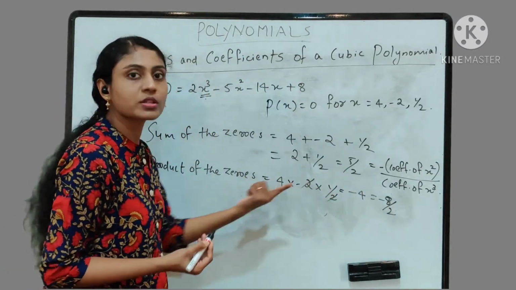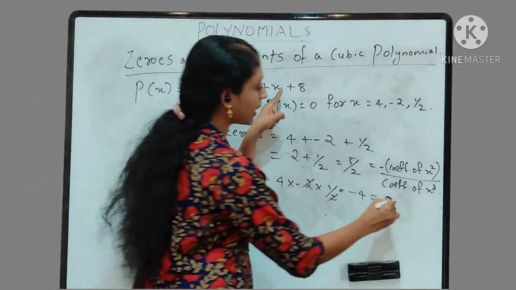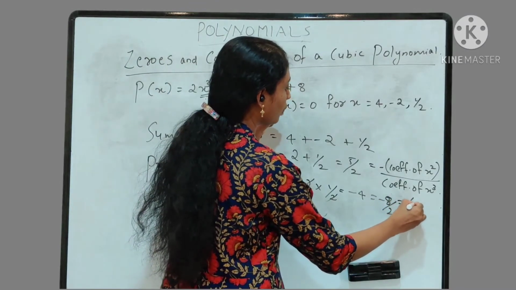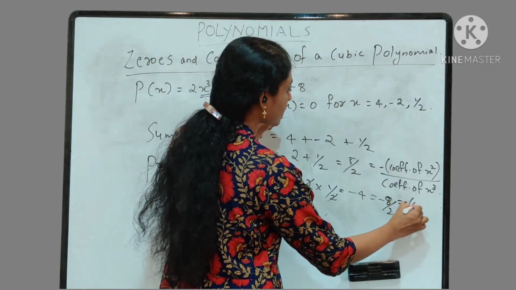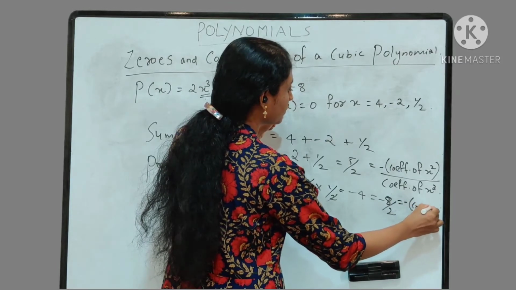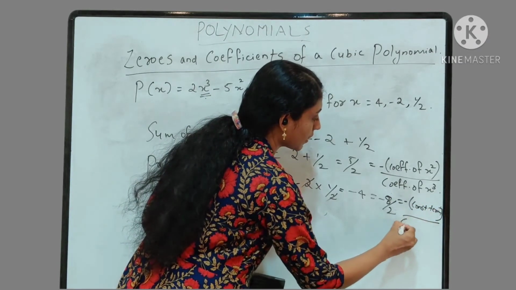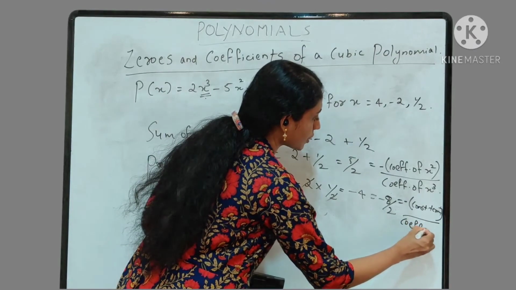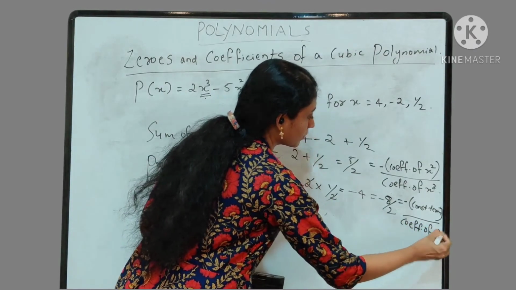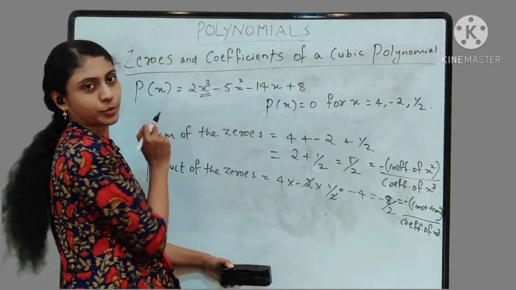Because minus 8 by 2 is minus 4. And that is negative of constant term, negative of constant term divided by 2, it is coefficient of x cube. Coefficient of x cube. Got it?